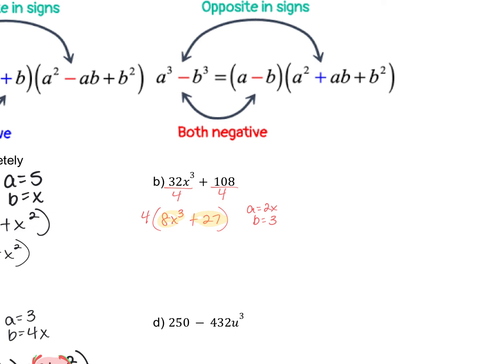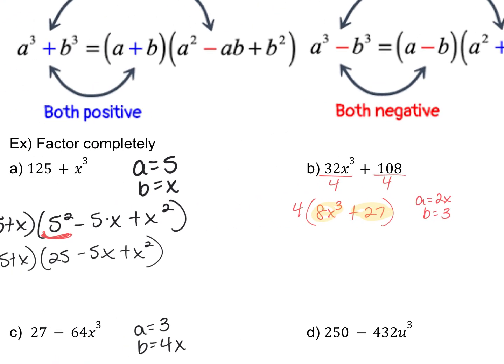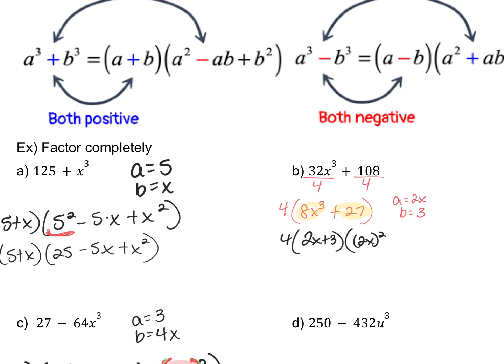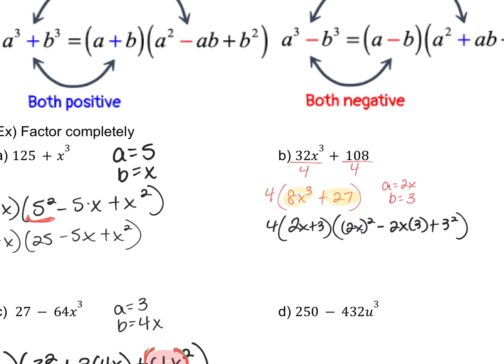Actually, let's do this in a different color. So it would be 4 times A plus B, so 2x plus 3 times 2x squared, and I need to put parentheses around that because it's not just an x, minus 2x times 3 plus 3 squared.